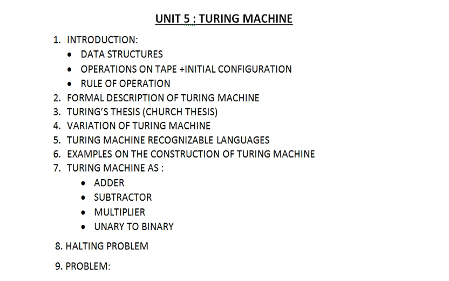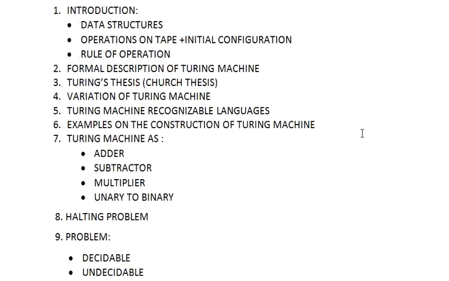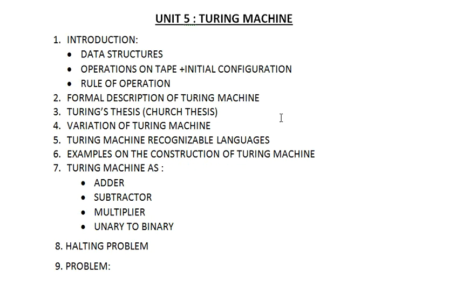In this particular unit you will be learning mainly the topics that I have mentioned here. Almost 10 topics we'll be learning, but this number will definitely increase as we'll be learning a lot of examples in this unit.